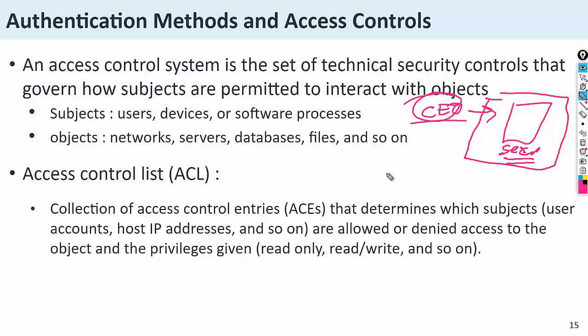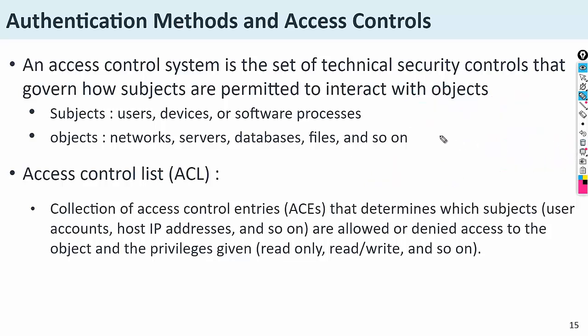A normal user or anyone else other than the CEO cannot access this file because it is the secret file. So this is the object and this is a user.